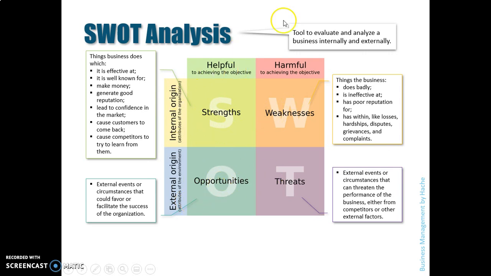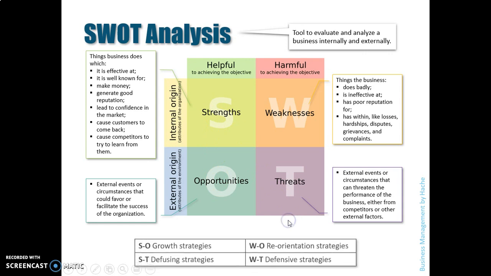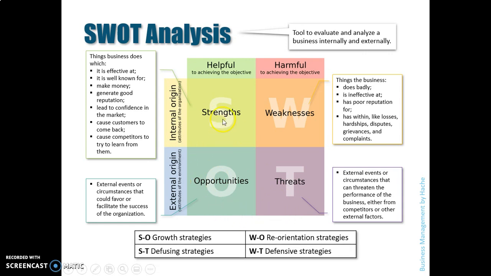But the SWOT analysis doesn't end there. Actually, the real analysis happens when we take a look at connections between the strengths and the threats and opportunities, and the weaknesses and the opportunities and threats. So when we make connections between the quadrants, then the analysis starts. So, for example, we can find some opportunities for which the business is already prepared.